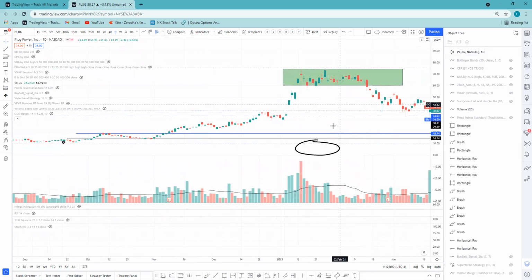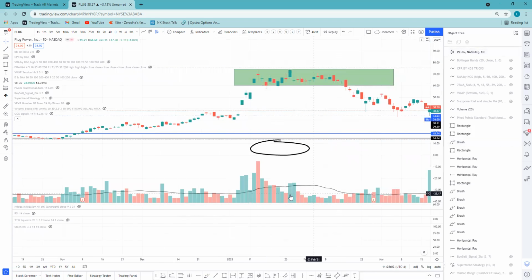Now here you will say, okay, the volume has died down, so isn't this accumulation, right? But the one thing I said: whenever the price breaks down on the other side, you need to be more cautious. Do not get into those things.